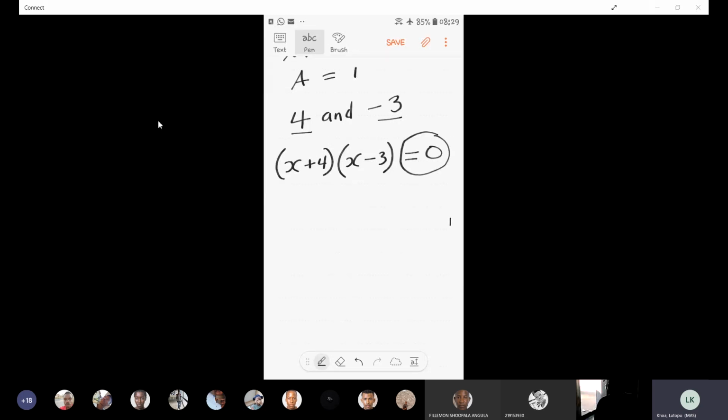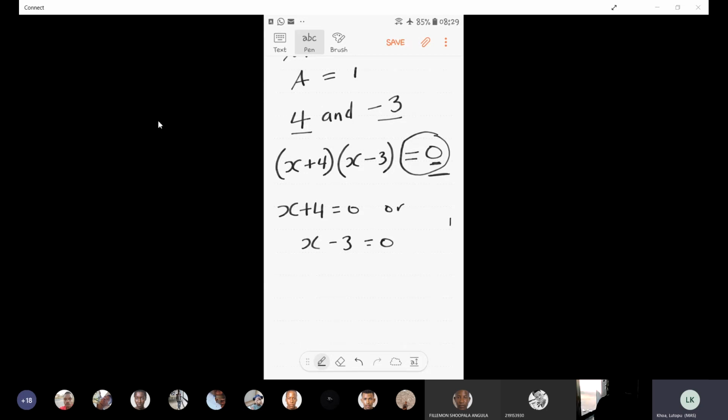I do the next step only when it is equal to 0. If I have anything else except 0, I cannot do what I'm about to do, which is this. So I say x plus 4 is equal to 0, or x minus 3 is equal to 0. So let's say I have 10 over here.